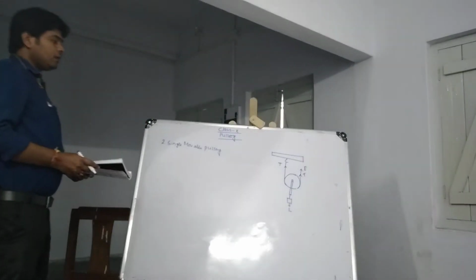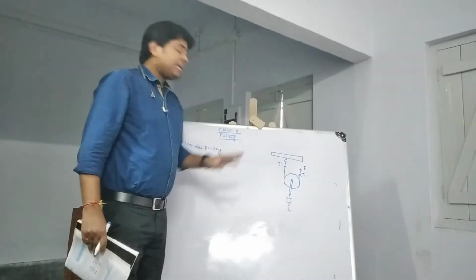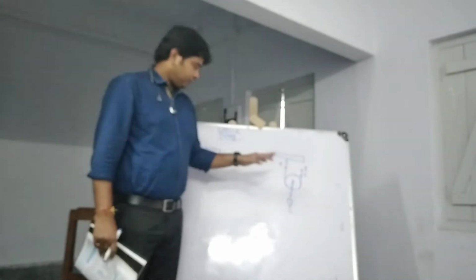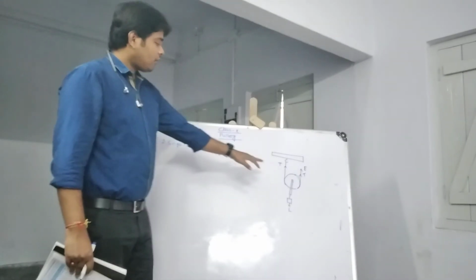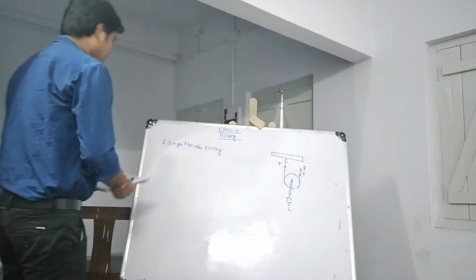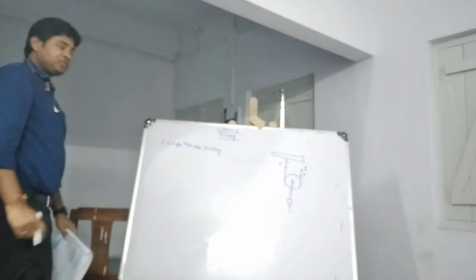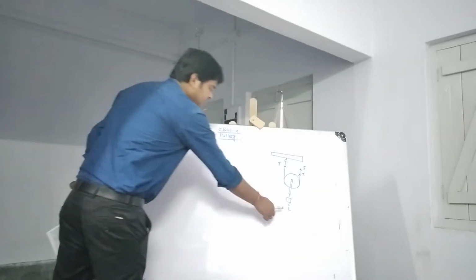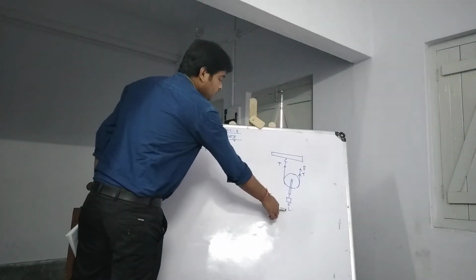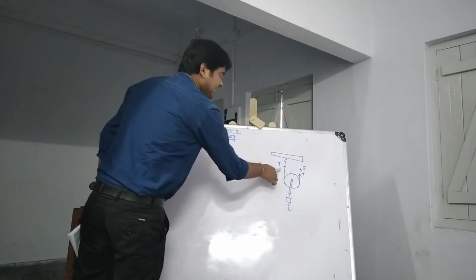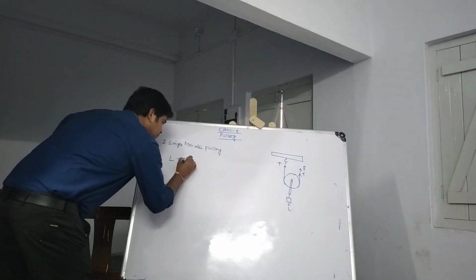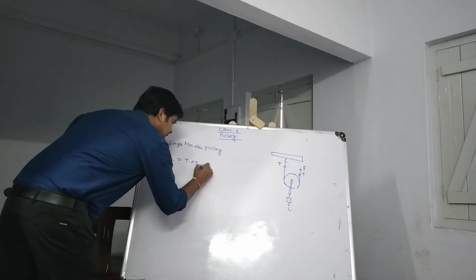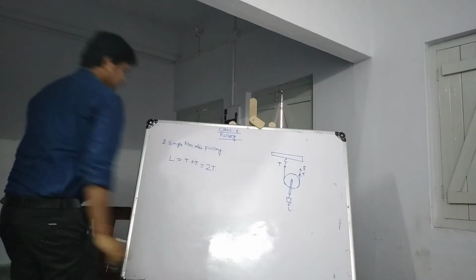First, at the balance condition, if we neglect the friction with the axle and the mass of the pulley, then we can write that the load L is equal to the sum of these two tensions, so L is equal to T plus T, that is 2T.